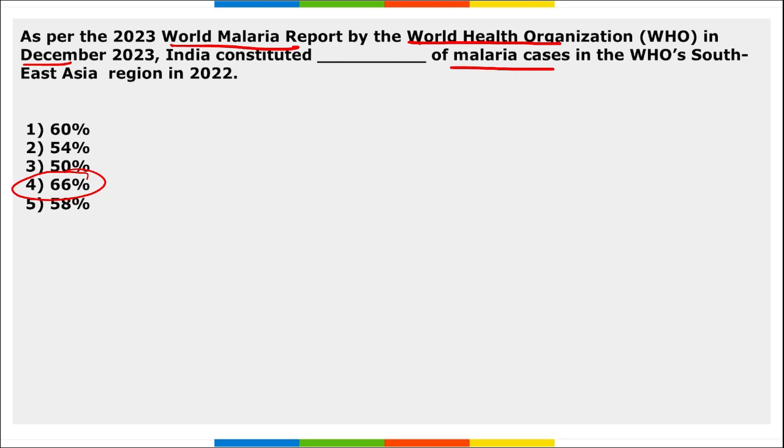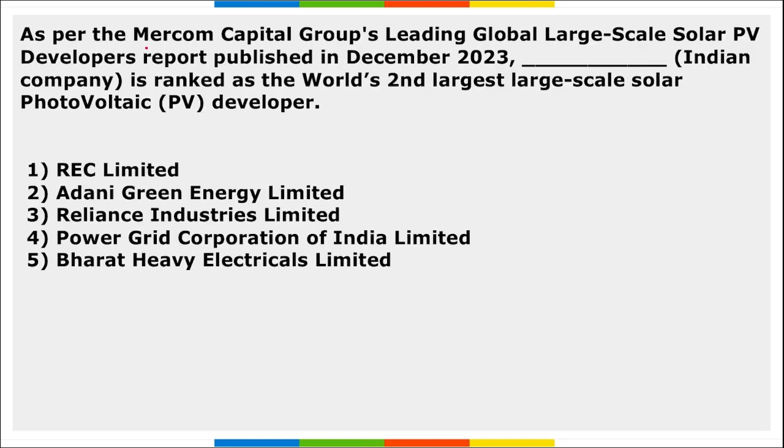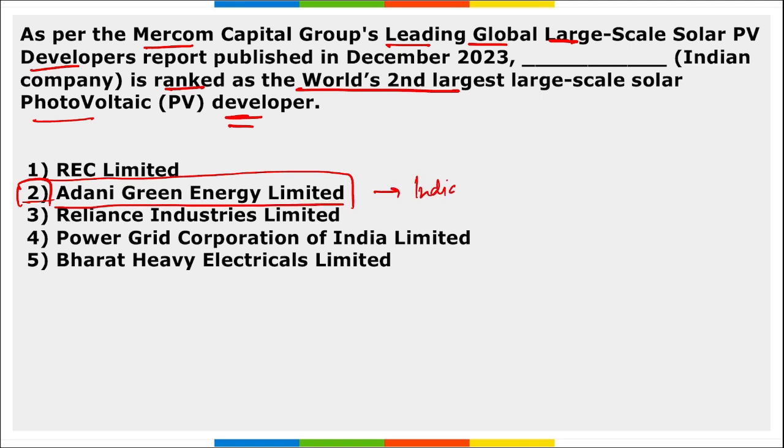Next, as per the Mercom Capital Group's Leading Global Large Scale Solar Photovoltaic Developers Report published in December, dash is ranked as the world's second largest large scale solar photovoltaic developer. It is Adani Green Energy Limited, right? This is an Indian company, marked as the world's second largest large scale solar photovoltaic developer.